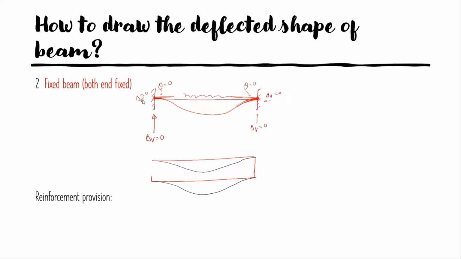So we can see that here it is compression from this part to this position, where curvature is changing, and here it is tension.